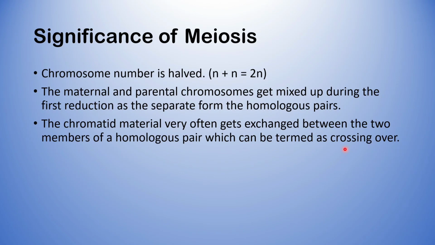The chromatin material from the mother and the father, their genes and DNA, the genetic material gets exchanged between the two members of the homologous pair, which causes the mixing up of the genetic materials of two different parents.